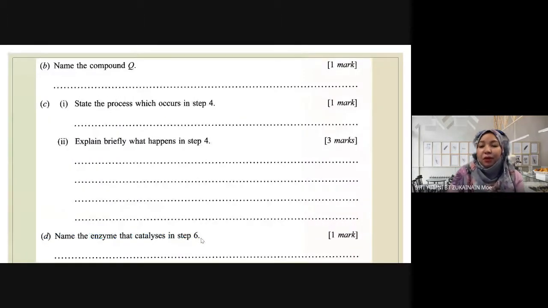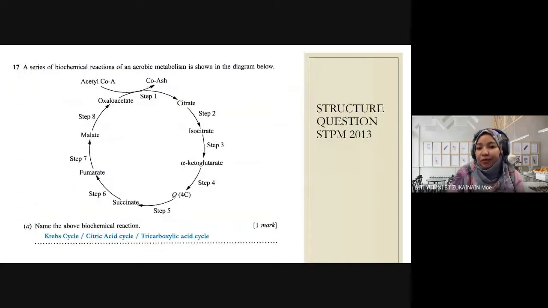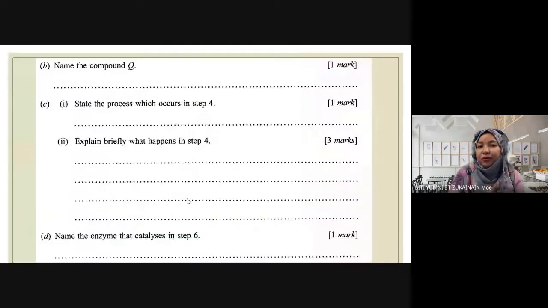Then compound Q. If you look here, Q is a 4 carbon compound, so Q is supposed to be succinyl CoA. State the process that occurs in step 4. Remember, it is decarboxylation or dehydrogenation. You can mention one process that occurs in step 4 for 1 mark. Then explain briefly what happens in step 4.